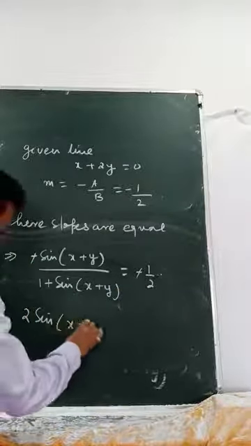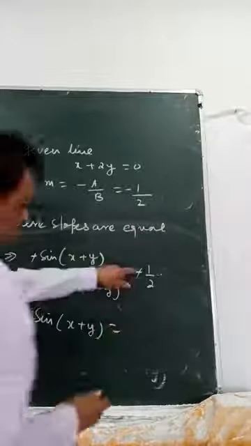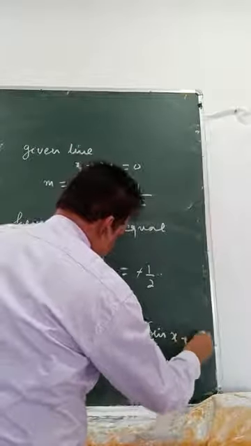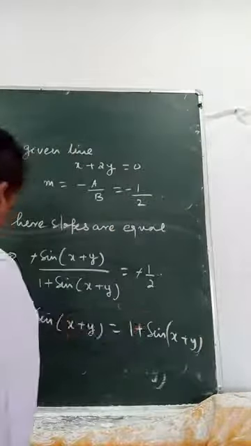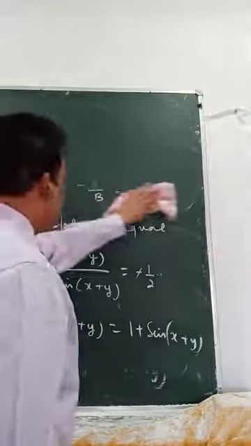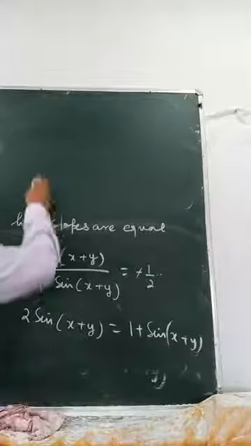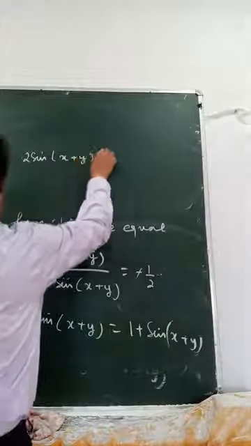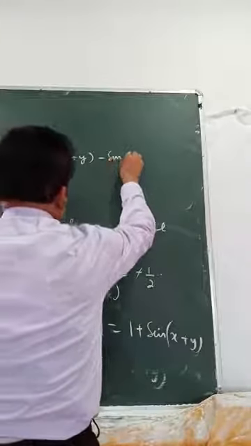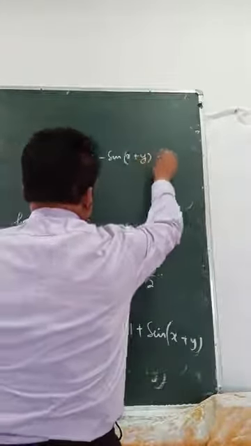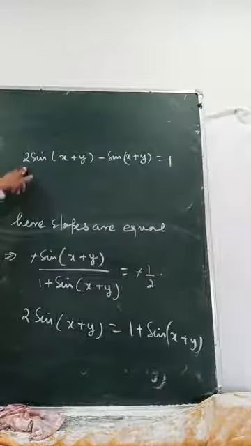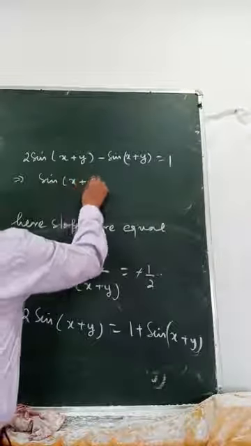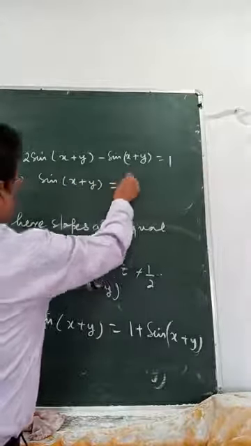Sin(x plus y) will go here, 1 plus sin(x plus y). So this will come to this side. What will you get? You will get 2 sin(x plus y) minus sin(x plus y) equals 1. Now subtract: sin(x plus y) equals 1.